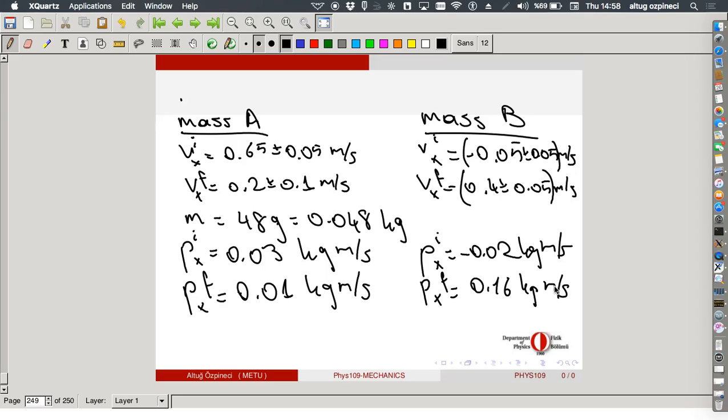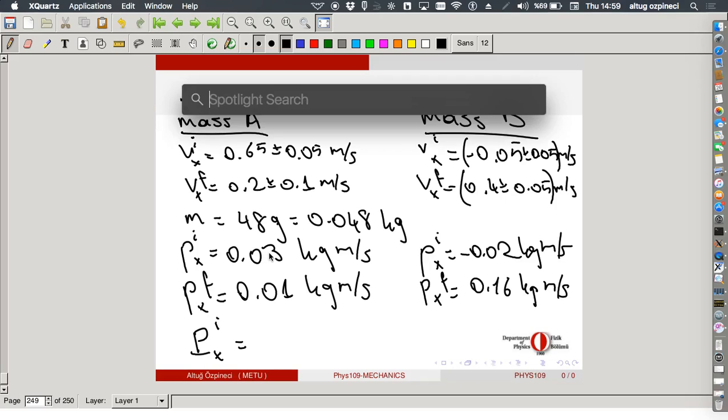Do you agree? So the final velocity is something like 8 times the initial velocity, so the final momentum is like 8 times the initial momentum. So what is the total initial momentum? We made some mistake somewhere, right?